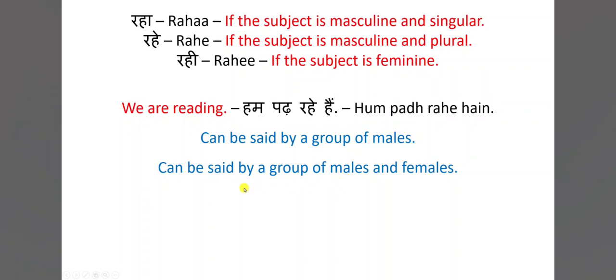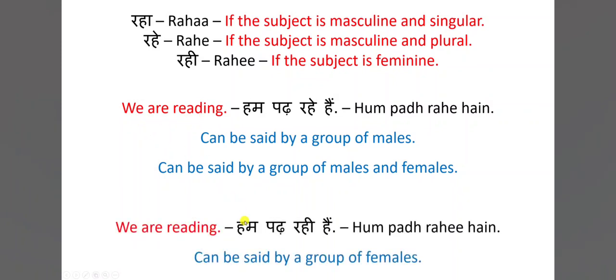If a group of females want to say this in Hindi, then they would have to say हम पढ़ रही हैं. हम is we, पढ़ रही is reading, हैं is are. We have selected rahi for ing, assuming that a group of females would be saying this sentence. पढ़ रही is reading.